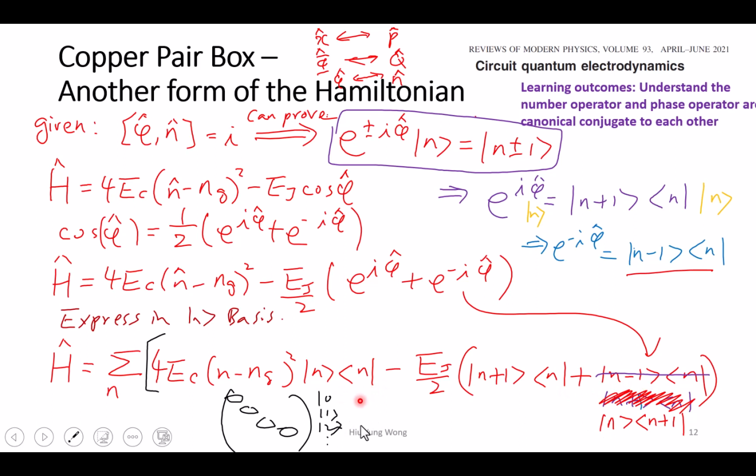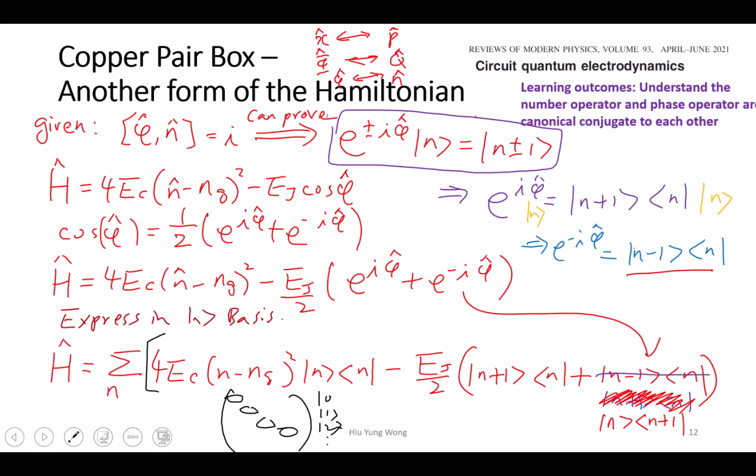But if you think from the point of view of physics or intuition, this again is the charging energy at different given eigenstates, and this is talking about the energy I need to bring in one more extra Cooper pair, or take one Cooper pair out from the island, something like that.